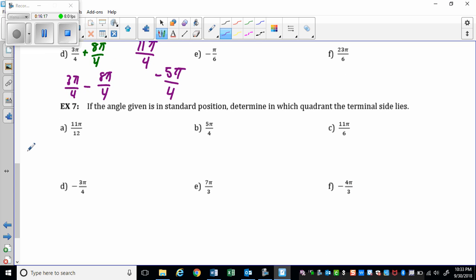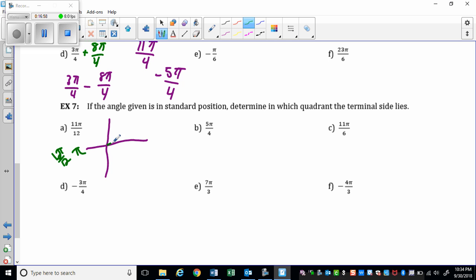Determine which quadrant the terminal side lies in. Okay, let's try this. 11 pi over 12. I don't know why it's so crooked. So 11 pi over 12. We're going to divide this into 12ths, basically. 12 pi over 12 is pi, so I know this is like 12 pi over 12, right?